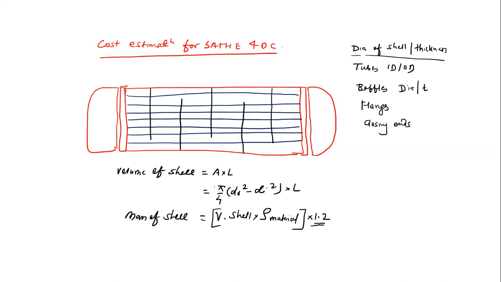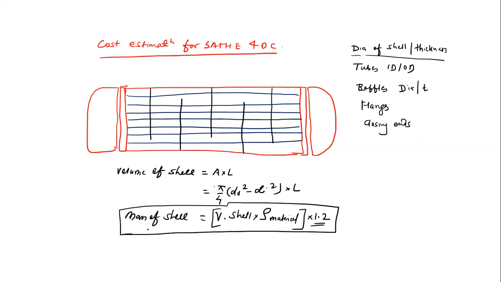So 1.2 times of this will give me the total mass required for shell. Clear? Now this is just the mass of material I require. The cost will come later. So this is a mass only of shell.